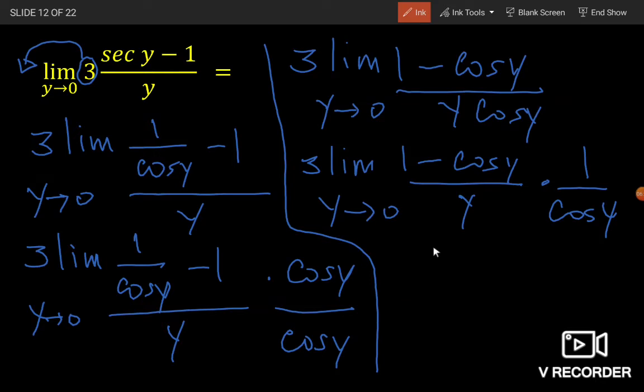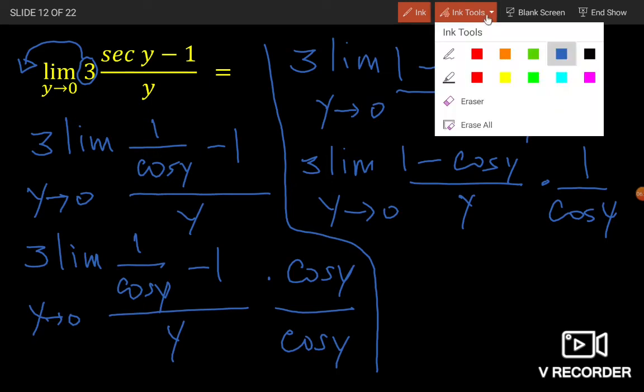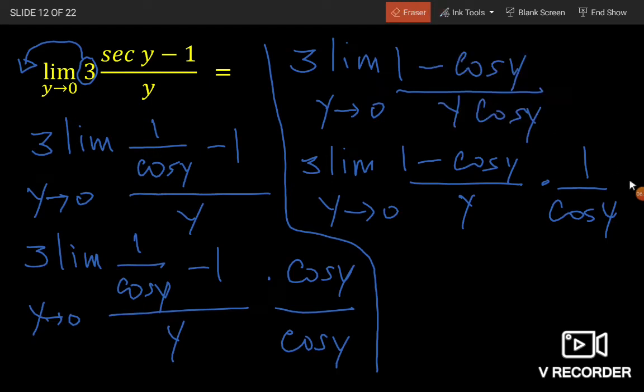Now, I can take the limit of this and the limit of this. Recall, the limit of a product of two functions is equal to the product of the limits of each function, from our limit laws video.